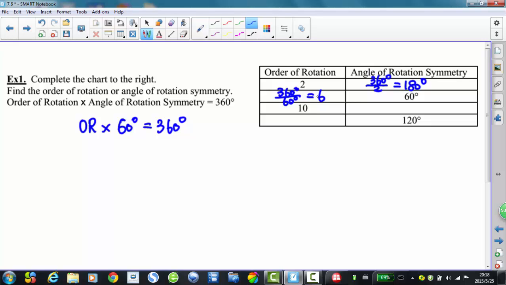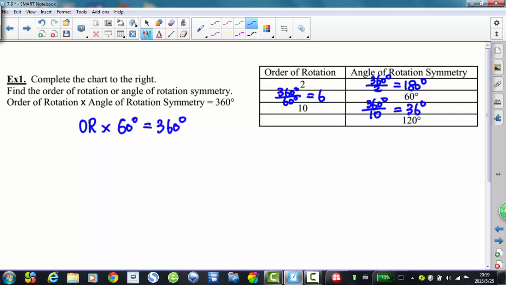This means the shape can coincide with itself 6 times in one rotation. Next, the order of rotation is 10. What is the angle of rotational symmetry? I will use 360 degrees divided by 10. So it's 36 degrees. This means for every 36 degrees of rotation, the rotated image will coincide with itself. Next, the angle of rotational symmetry is 120 degrees here.